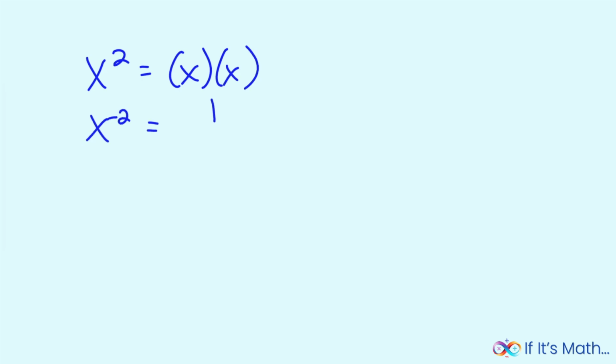So that generalizes out, right? It doesn't just have to be numbers. It applies to variables as well. So x to the negative 2 is 1 over x times x. Other than that, negative exponents are exactly the same as positive. It just means flip it over. That's really all that negative exponent tells you.